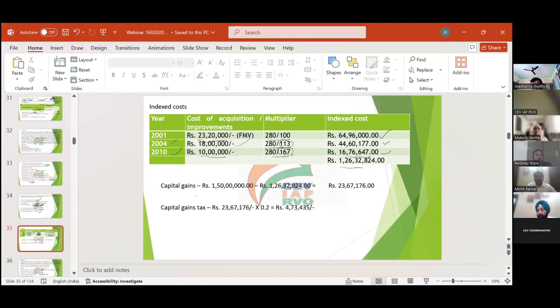So total value 1 crore 26 lakh 32,824 and capital gain will be 1 crore 50 lakh minus 1 crore 26 lakh 32,824. This is the capital gain or taxable gain, 23 lakh 67,176. You take its tax at the rate of 20%, which is 4,73,435.